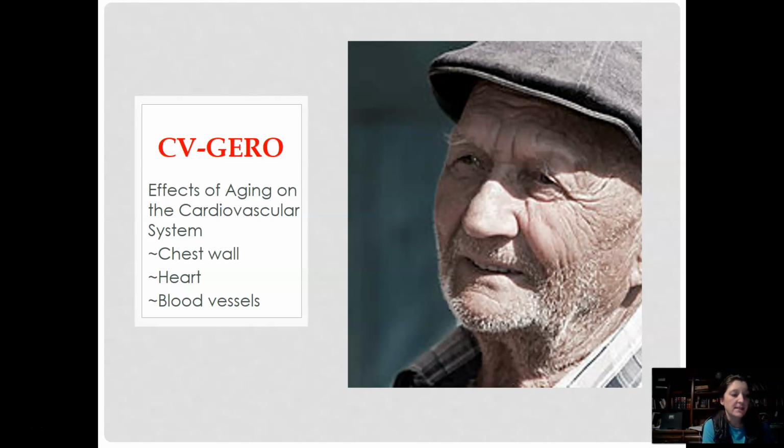We're still going to treat hypertension. It's not normal for blood pressure to go up that high in an older adult, and so we will treat it. And then we do need to watch orthostatic hypotension, which is a decrease in blood pressure associated with position changes.